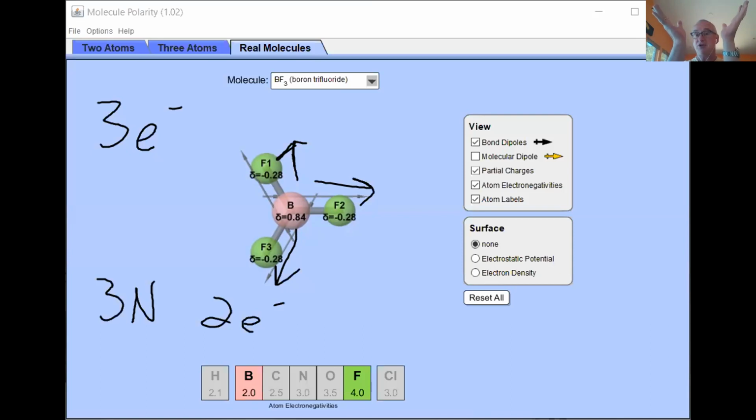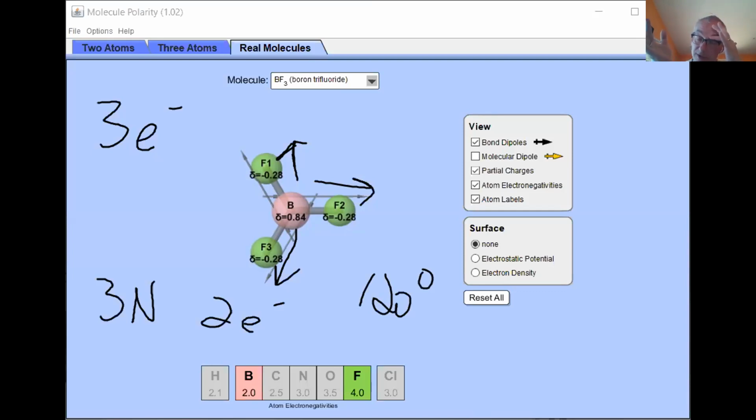And so if it's not pushing them away, remember I said every molecule takes the most stable shape it can. So the most stable shape this molecule can take, with these bonded electrons being as far away from each other as possible, is 120 degrees in a plane.